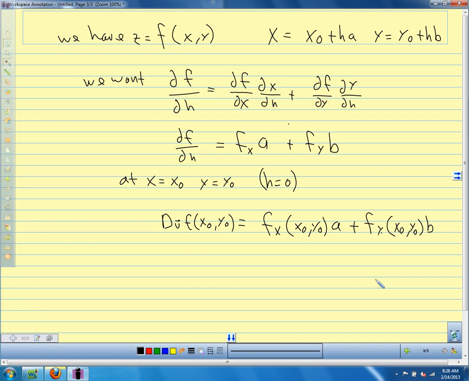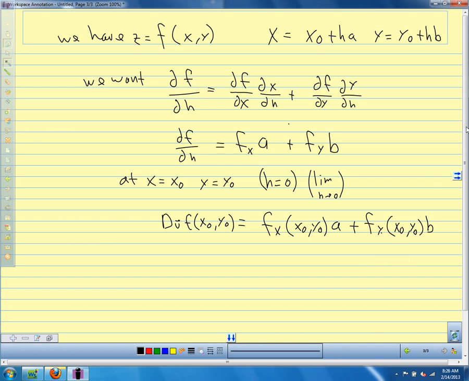Then x is arbitrarily close to x0, and y is arbitrarily close to y0. So we're essentially saying h is 0. But remember that when we take our directional derivative, we're taking the limit as h approaches 0. So x and x0 get arbitrarily close together, and y and y0 get arbitrarily close together. Okay? And I'll just make a little note. We're taking the limit as h approaches 0.